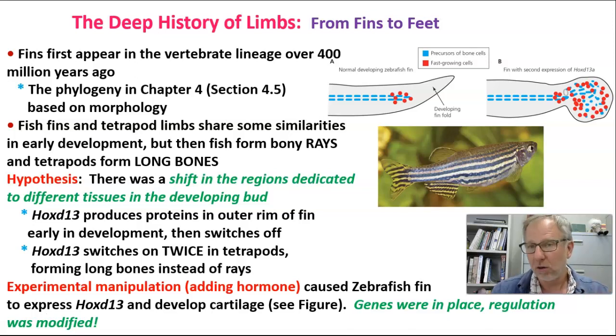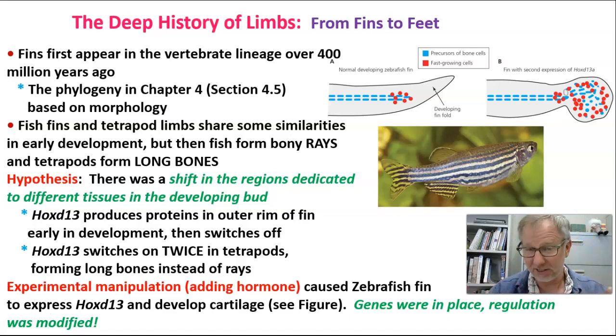So as an experimental manipulation, biologists added a hormone to zebrafish embryos, and this hormone caused the zebrafish fin to express HOXD13. So intentionally using this hormone, knowing that it would potentially turn on HOXD13, has control over it. And sure enough, when this manipulative experiment was done, the zebrafish embryos developed cartilage in the same area, in the same region where a tetrapod develops its wrist and its digits.